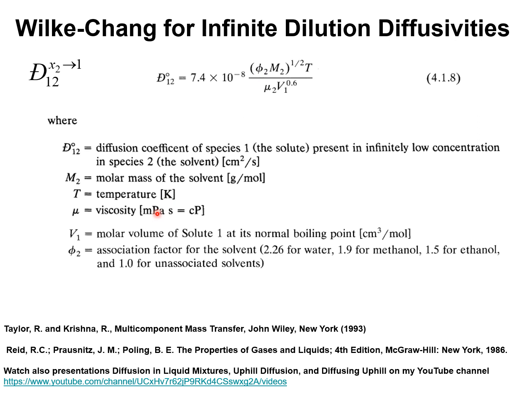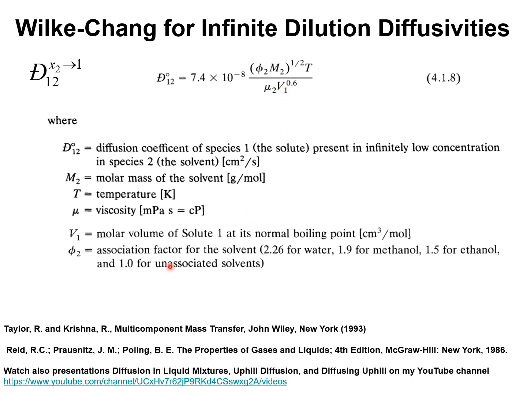Phi2 is the association factor for the solvent, 2.26 for water, 1.9 for methanol, 1.5 for ethanol, and 1 if the solvent is unassociated. M2 is the molar mass of the solvent in grams per mole. T is the temperature in Kelvin. Mu2 is the viscosity of the solvent in millipascal seconds.